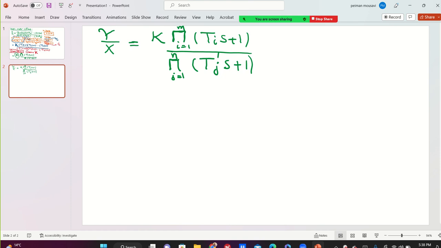Because in the previous class, using MATLAB Simulink, you know how to calculate multiple poles or roots of the system using the solve command in MATLAB, remember?